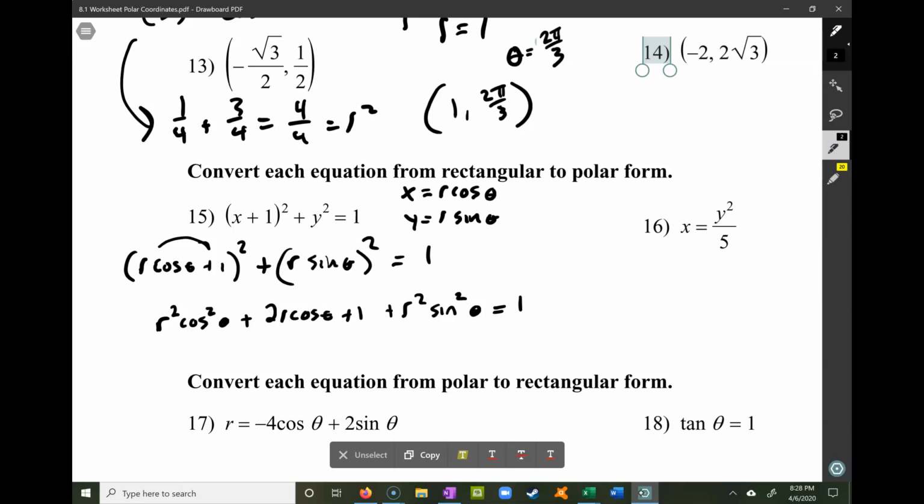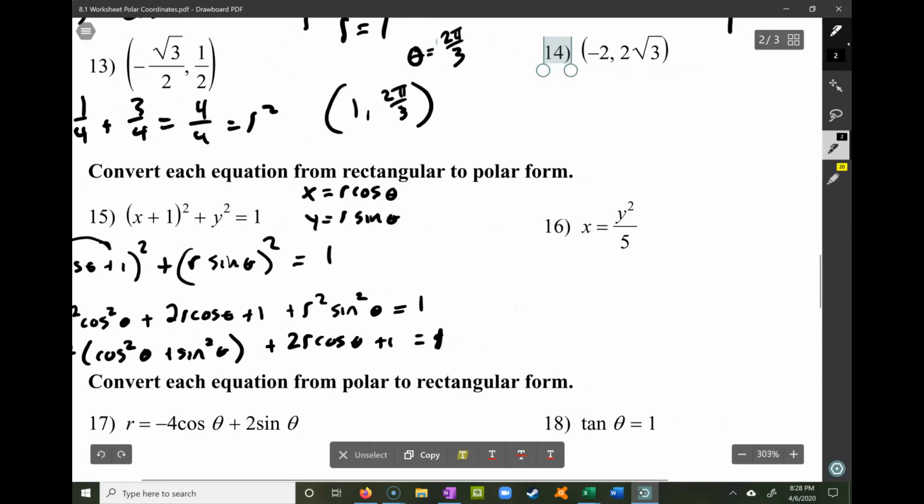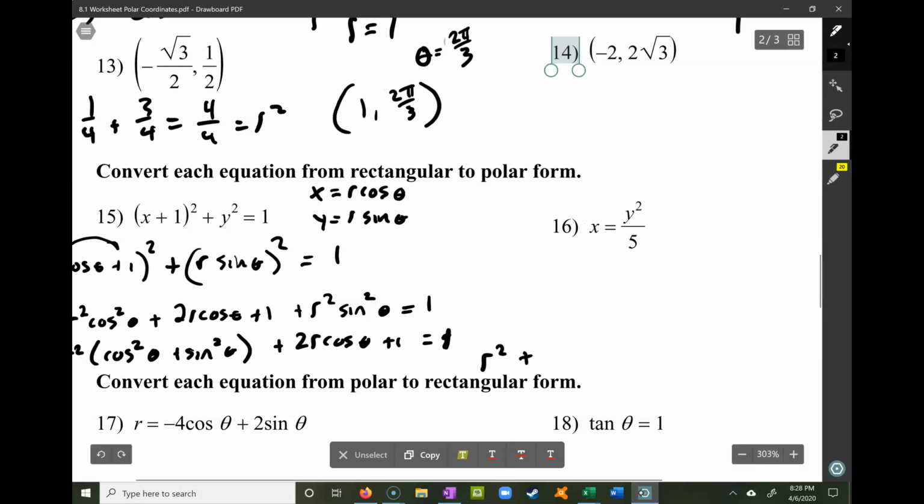So the first thing I noticed, because of course we want to simplify this a little bit, is that we have an r squared times cosine squared theta plus sine squared theta, plus 2r cosine theta plus 1 equals 1. And we know that cosine squared plus sine squared is equal to 1. So we can simplify this into r squared plus 2r cosine theta plus 1 equals 1.